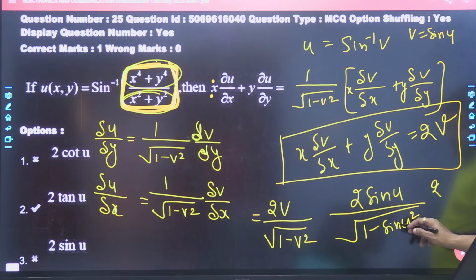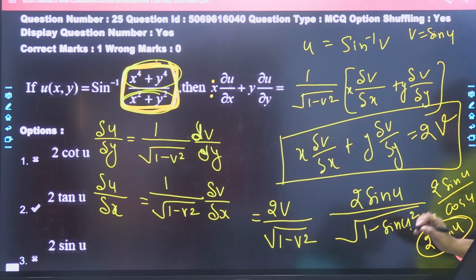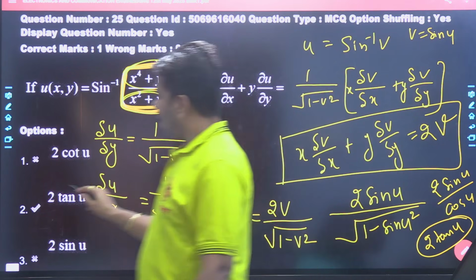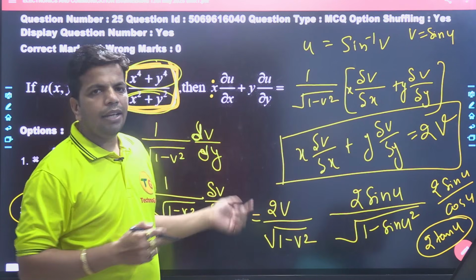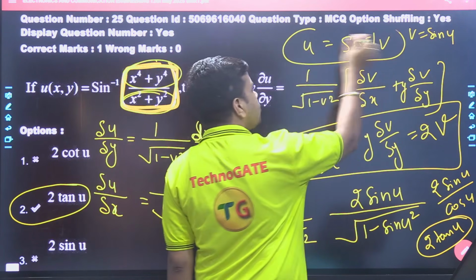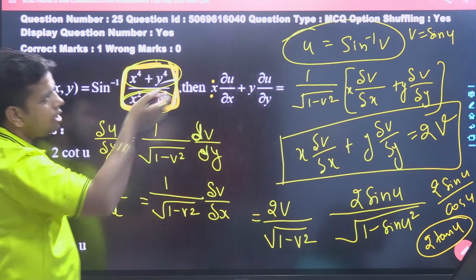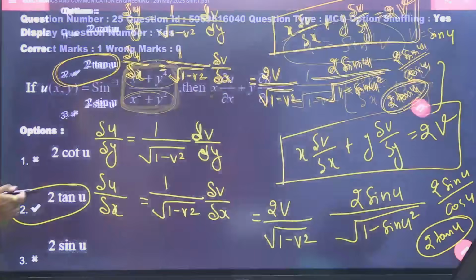On solving, the denominator becomes cos u. So sin u divided by cos u becomes tan u. So 2 tan u is your answer. So you can go with the second answer. Here we simply applied Euler's formula. Initially you are assuming that u equals sin inverse v, so v equals sin u. Just back propagate.